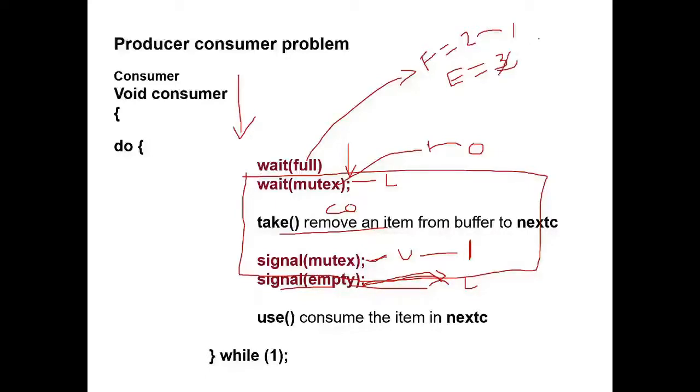Now after incrementing it is going to become 4. That means there are a total of 4 empty slots and 1 filled slot. And if the consumer executes one more time, it is going to decrement the value of full from 1 to 0, and empty also means all data is consumed.